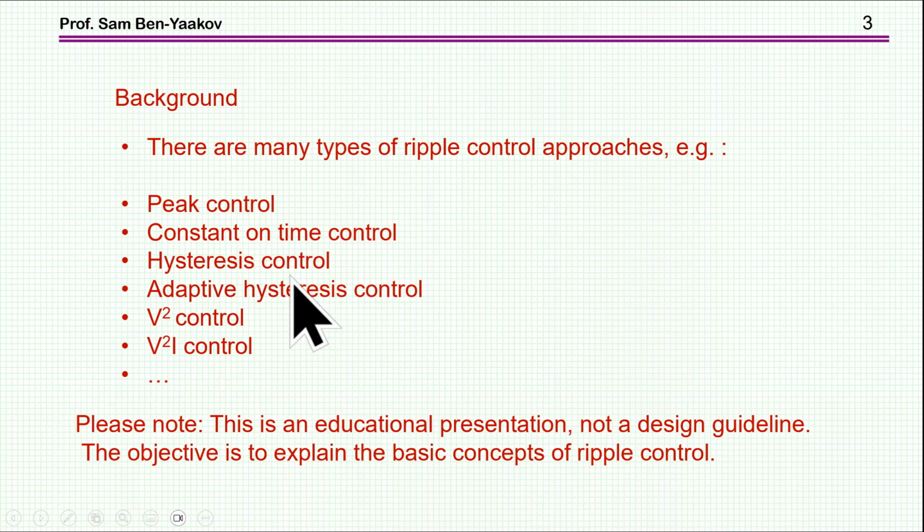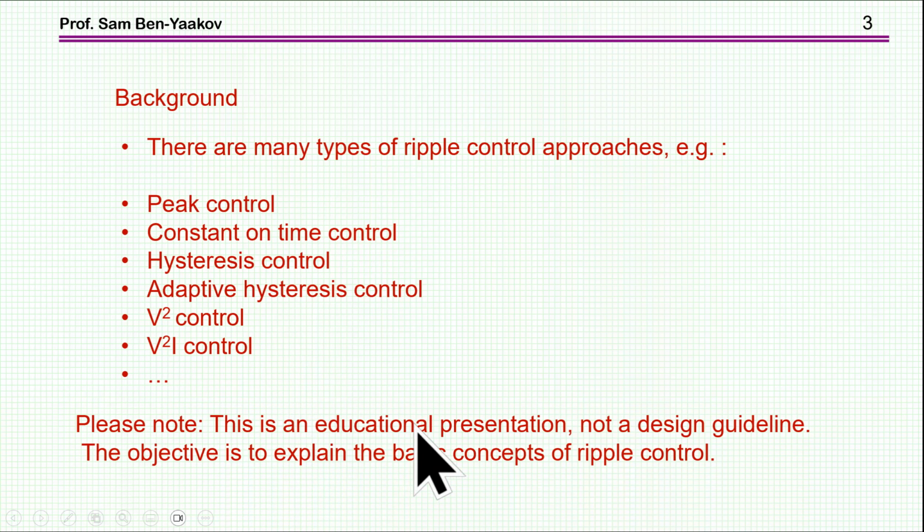Could be hysteresis control, looking from peak to peak. Adaptive hysteresis control, very clever control system, by the way. V square control, V square I control. There are many approaches.